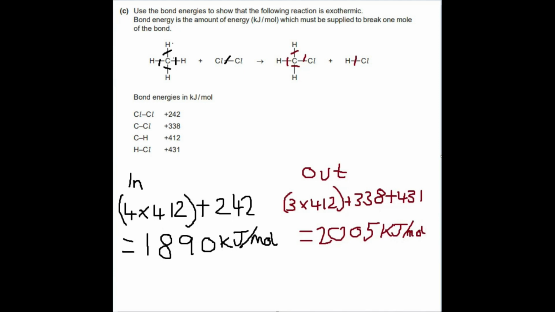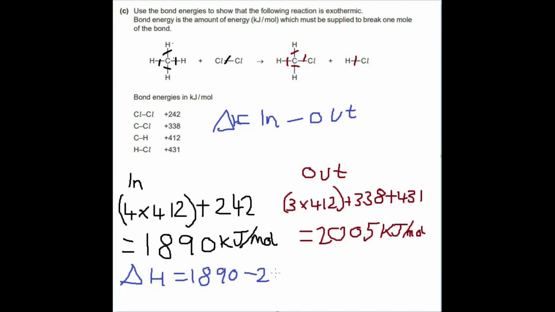If I want delta H, which I do, delta H, remember, is the energy in minus the energy out. Don't get that the wrong way around. So the delta H here, the total change in energy, is the energy in, 1,890, minus 2005.